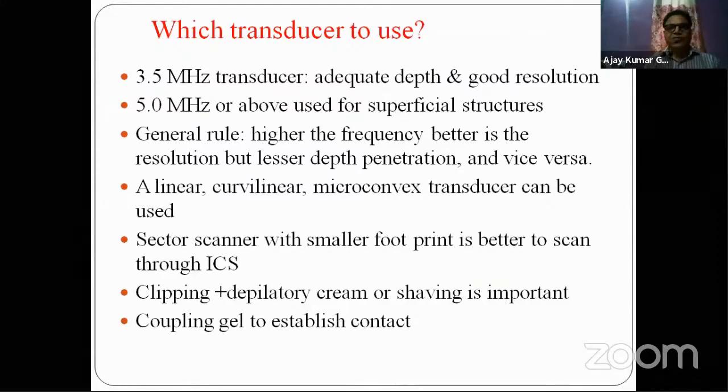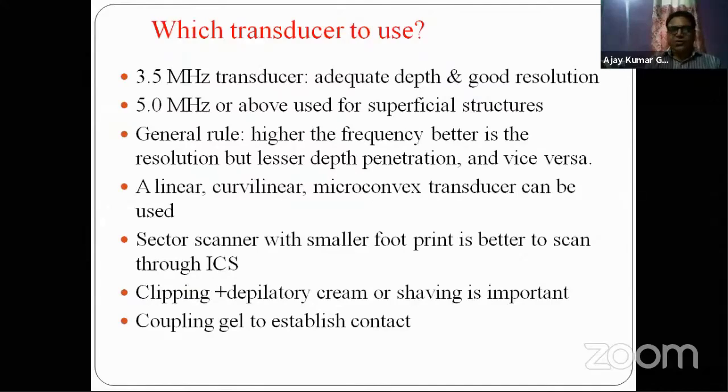You can use any type of transducer, a linear, a curvilinear, a microconvex transducer, any type of transducer which you have can be used. Although the sector scanner with smaller footprint is better when it comes to scanning through intercostal spaces. Because it has a smaller footprint, it can better scan the abdominal organs through intercostal spaces.